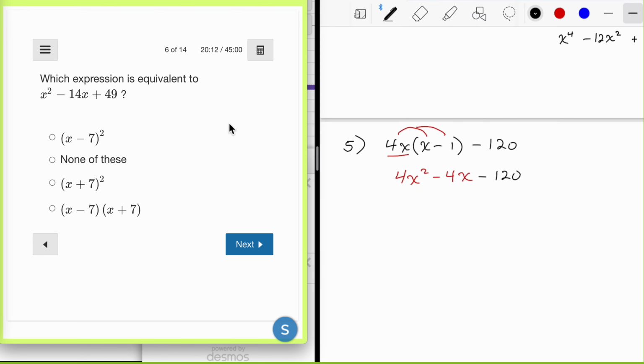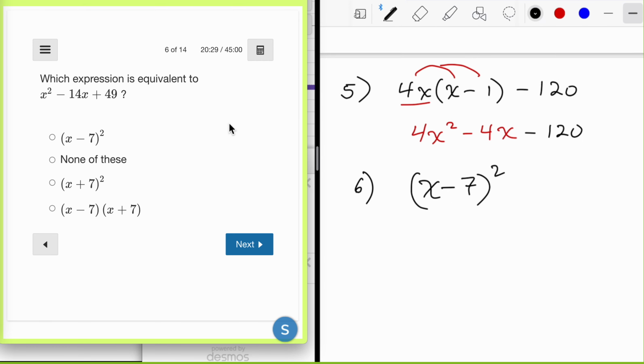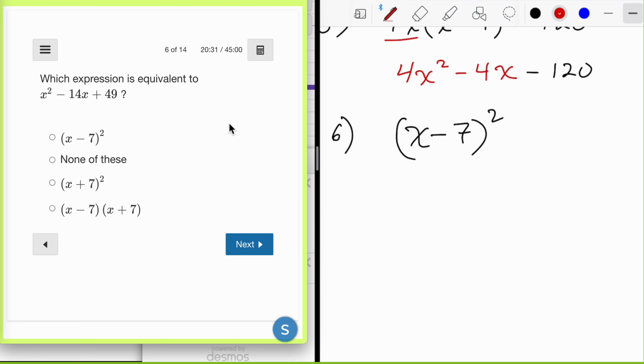The people who got this question wrong made the same mistake consistently throughout the whole assessment. I'll show you what they did. They said x minus 7 squared equals x squared minus 7 squared. It's very typical. Students, even in the higher levels of math, do this, so there's no shame in it. It's just something you want to get past.